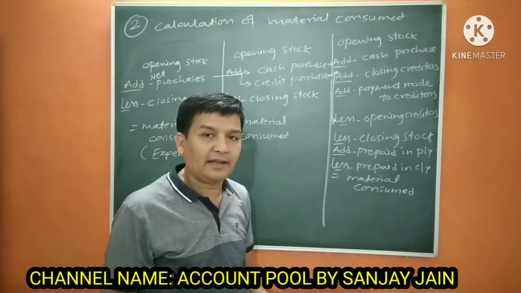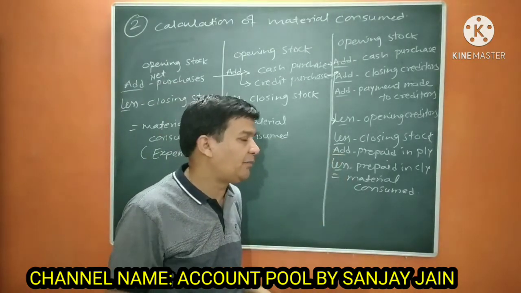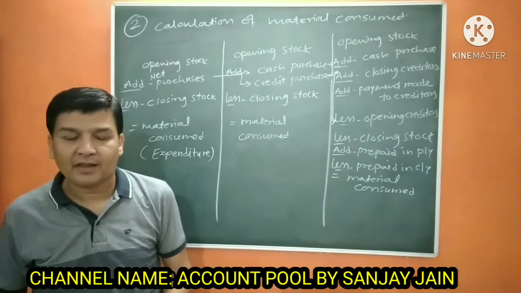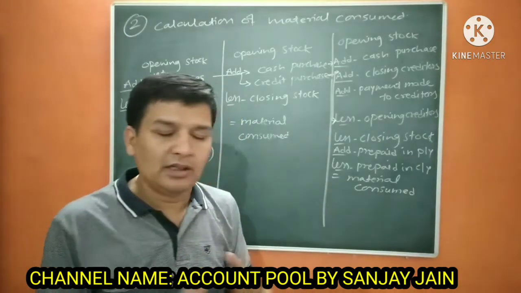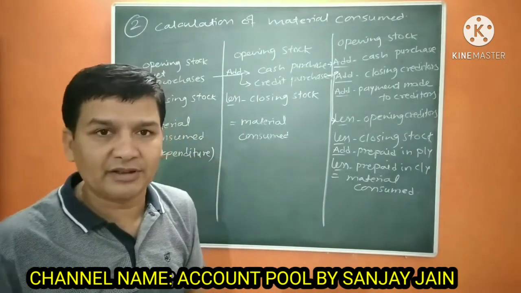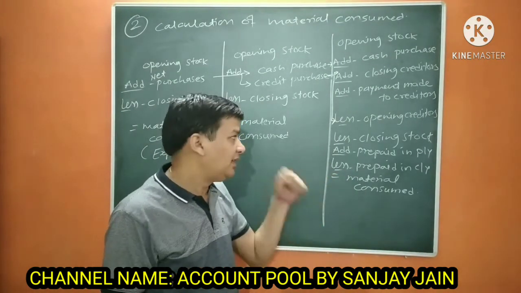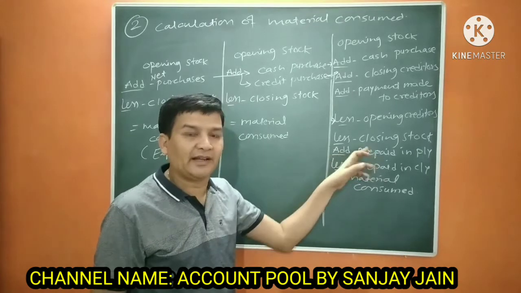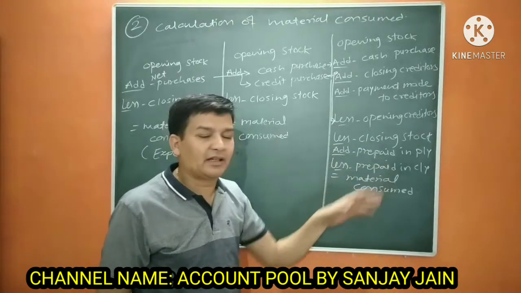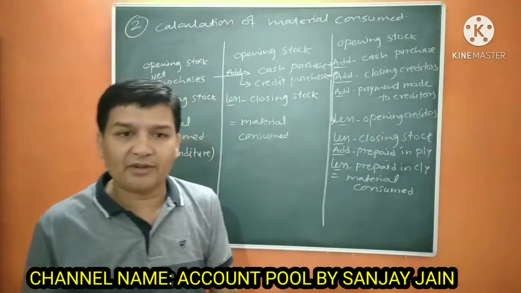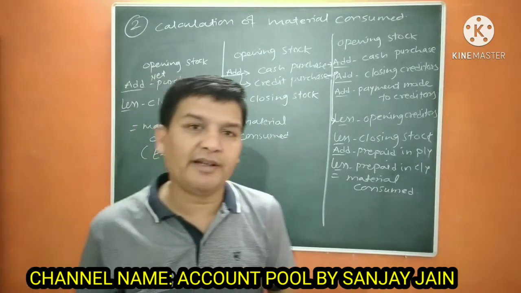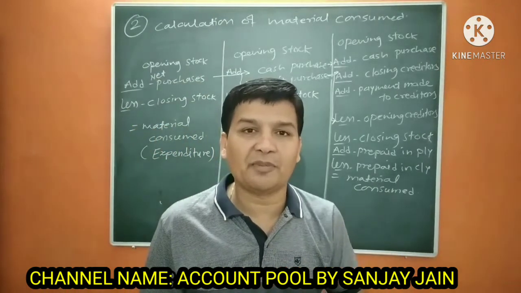Okay. After that, if you see, I have added prepaid in previous year. If you have paid creditors advance in the previous year, that will be for the current year. So that amount we have paid in the current year, so that will be added here. Less prepaid in the current year. If you have paid any advance in the current year to the creditors, it is for the next upcoming year.